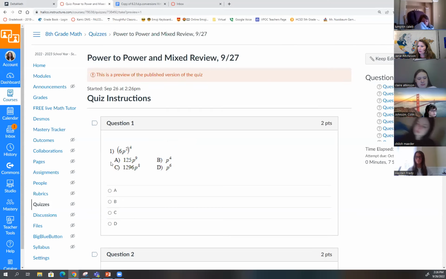So let's look at number 1. The good thing about all of these is that they're multiple choice. So first of all, think of that 6 has a 1. Actually, let's just practice typing some of these in the calculator. Obviously, we can't type variables in the calculator. There's a variable key on your calculator, but it's not for this.